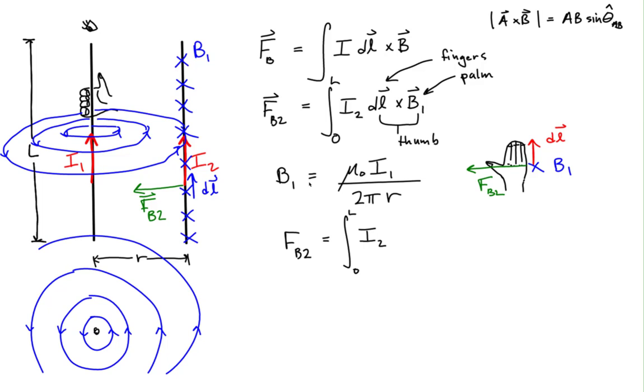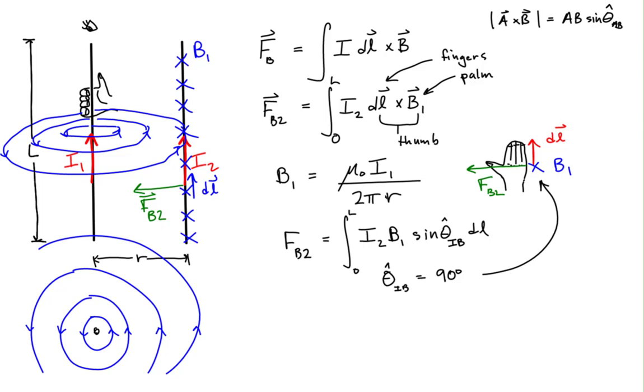So here, the magnitude of magnetic field 1, we'll just write it as B1 for now, times the sine of the angle between the current in wire 2 and the magnetic field due to wire 1, dl. Now, the angle between the current in wire 1 and the magnetic field we already know is equal to 90 degrees, as we see from up here.